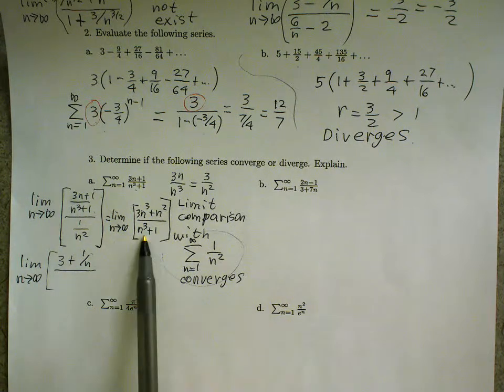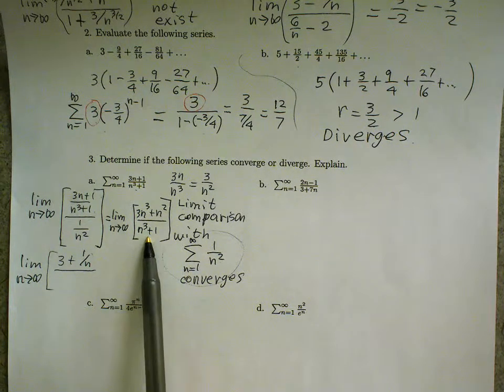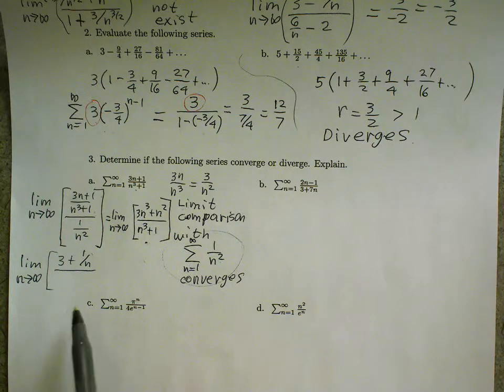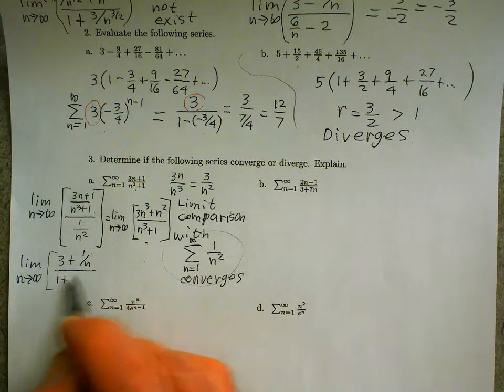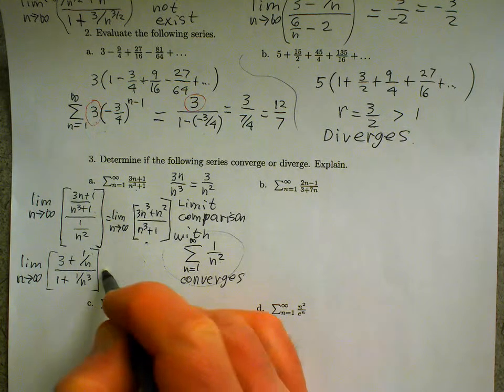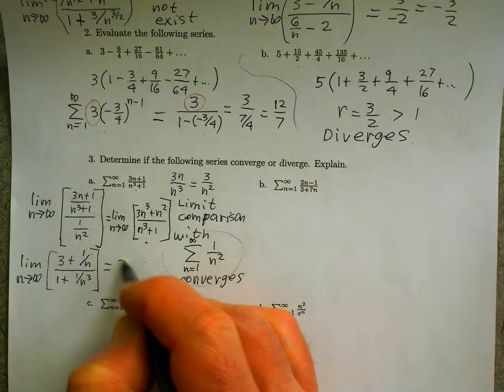And in the denominator, multiply n to the third plus 1 by 1 over n to the third. We get 1 plus 1 over n to the third. And now we can take the limit. The 1 over n goes to 0, 1 over n to the third goes to 0. So this limit is positive 3.